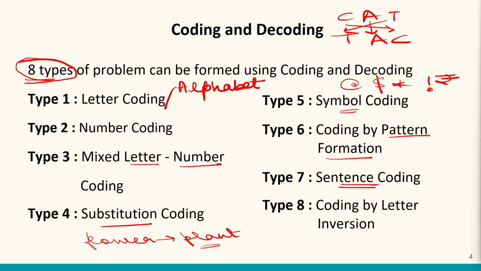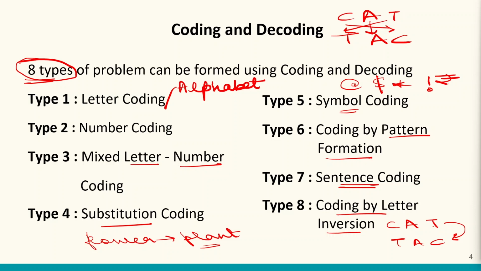Then we have sentence coding. In this, an entire sentence is coded into different symbols or letters or words, and we have to decode them. And coding by letter inversion. Letter inversion means if cat is written as TAC, we have inverted the order of the alphabets. This is called coding by letter inversion.